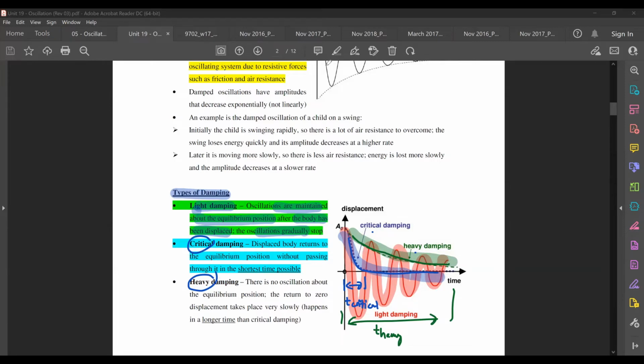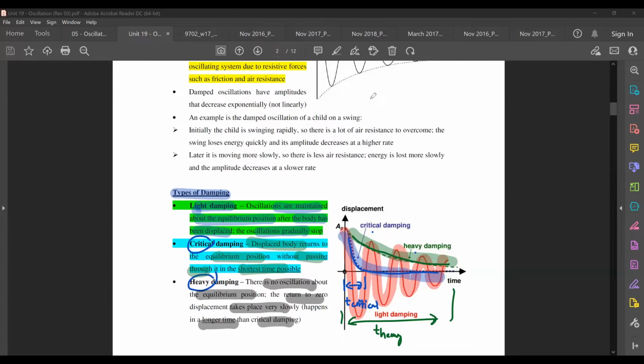It's really more in terms of the time. For critical, the displaced body returns to equilibrium without passing through it in the shortest time possible. But for heavy damping, there's no oscillation about the equilibrium position. It returns to zero in a very, very long time. The return to zero displacement takes place very slowly, much longer than that of critical damping.